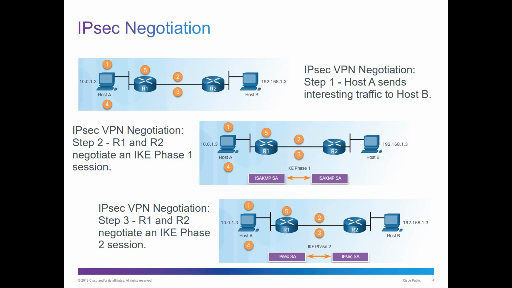Step 2. R1 and R2 should negotiate the IKE Phase 1 session. That's the three steps we've already discussed. That will then in turn negotiate an IKE Phase 2 session. So Phase 1 should be getting up the sharing of the keys, pretty much getting up the majority of the tunnel. Session Phase 2, within that session, should focus on what traffic is allowed to go through the tunnel.